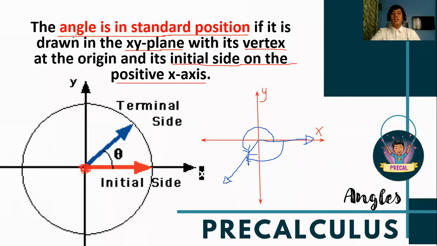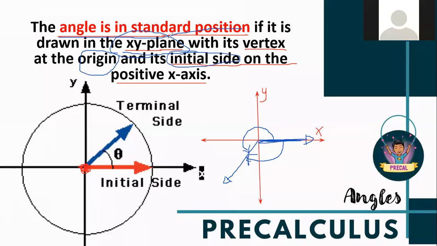But all angles in standard position must start here. Okay? So again, the key requirements for an angle in standard position: it must be on the Cartesian plane; second, the vertex must be on the origin; and third, the initial side must be on the positive x-axis.